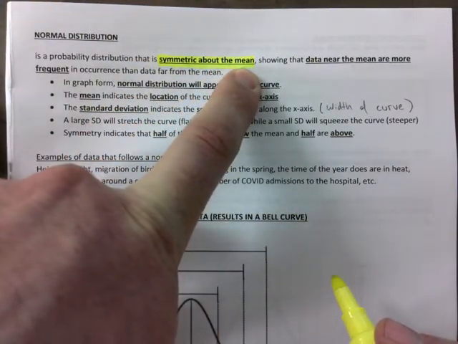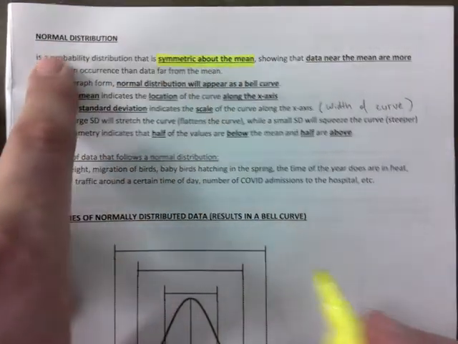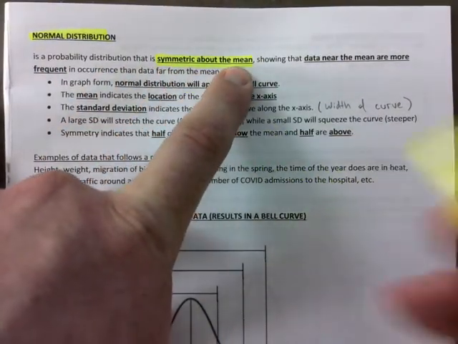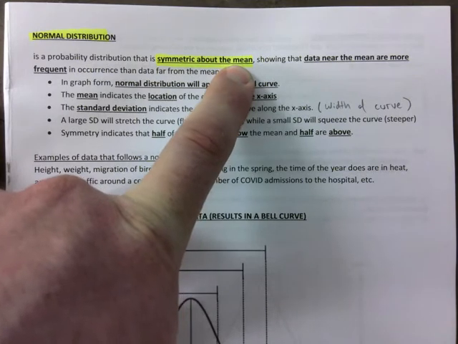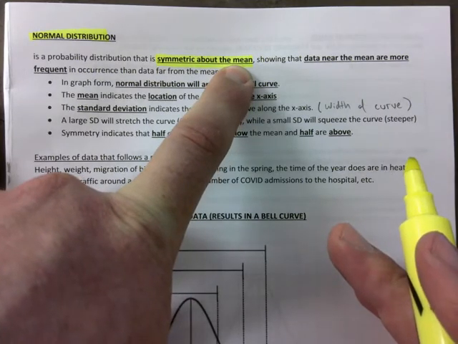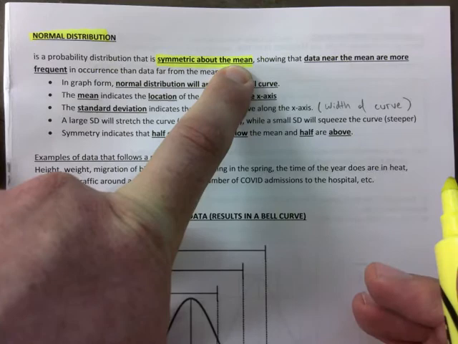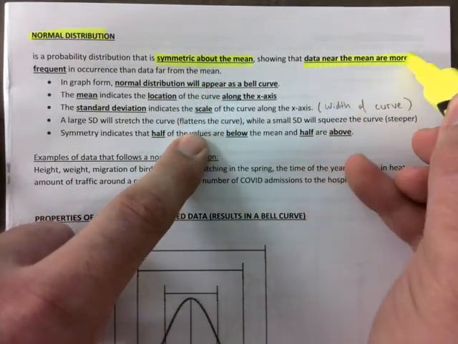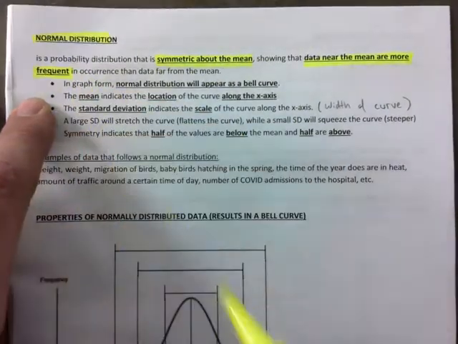Okay, so meaning that if something is normally distributed, the average will be kind of in the middle, and then you'll have both halves on either side. If you cut it there, you'll have two exact same halves, showing that the data near the mean are more frequent. Okay.